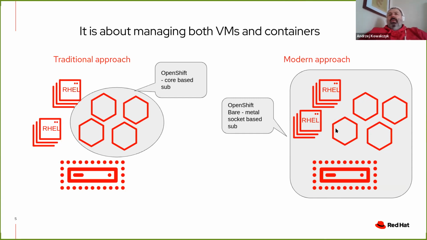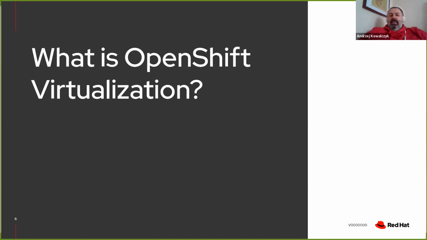Also, if you want to run in your environment, for example on test or dev, a database that is not containerized yet, right now you can run it inside a container. This is a new approach. We support this kind of virtualization only on bare metal. We do not support it on nested virtualization. So this is a prerequisite.